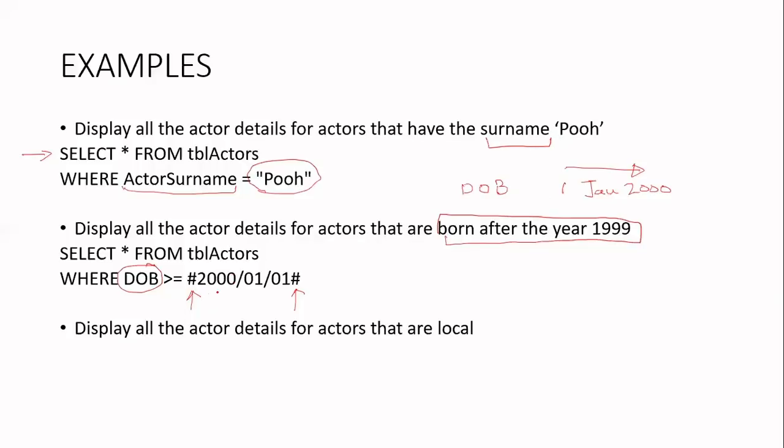And the format that I'm using, you could use a different format, but in this format, it's the year, the month, and the day. And this is the 1st of January 2000. So this will return all the actor details who are born after 1999. Notice it's inclusive, which means from the 1st of January 2000.